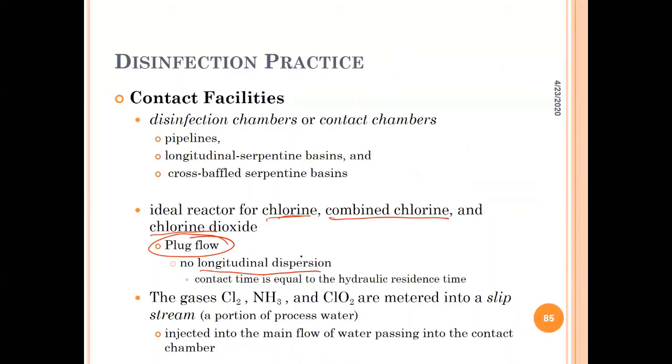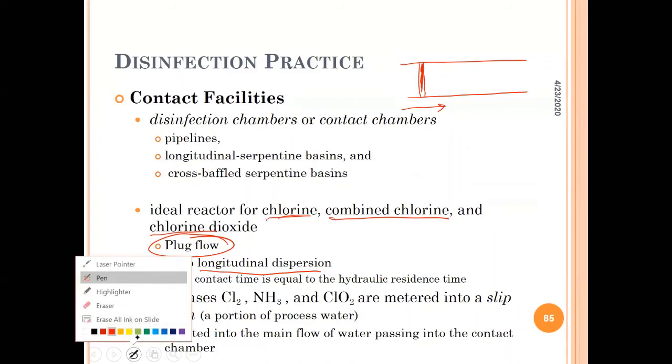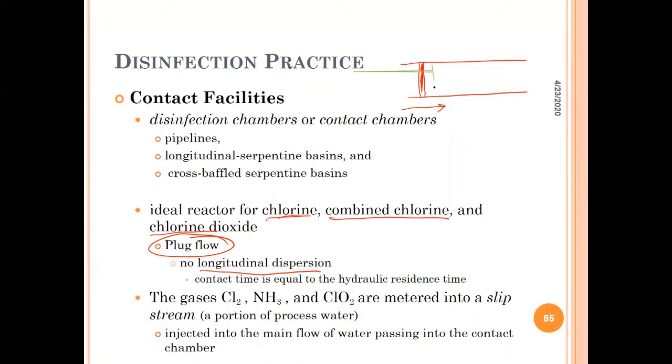The ideal reactor for chlorine, combined chlorine and chlorine dioxide is the plug flow reactor, where longitudinal dispersion is not present. As I have already mentioned, when water travels in the plug flow reactor, there is the element of water. There is no mixing of this element of water with the other elements of water, and they travel with time as separate elements.